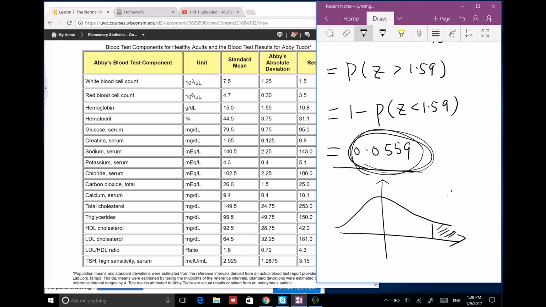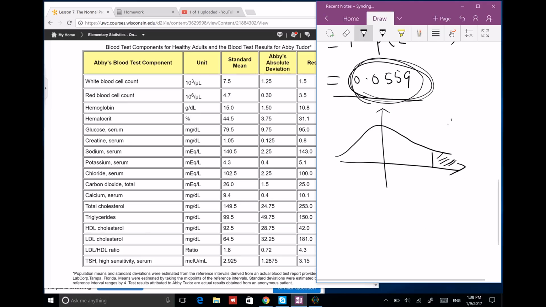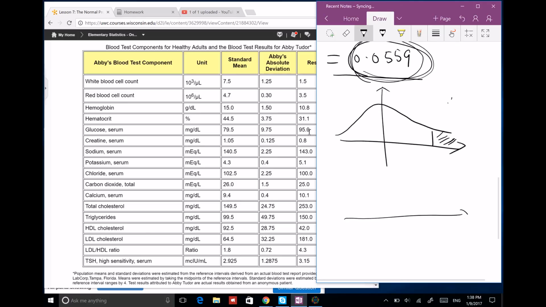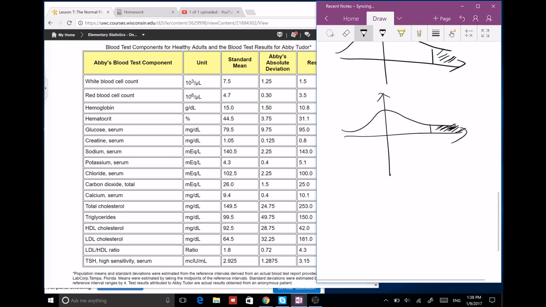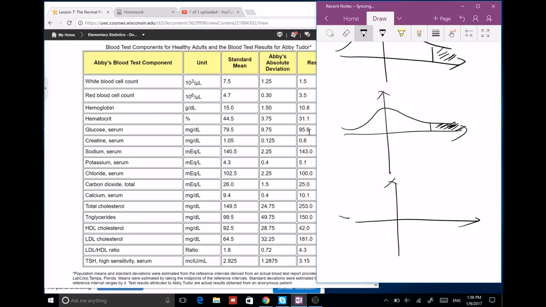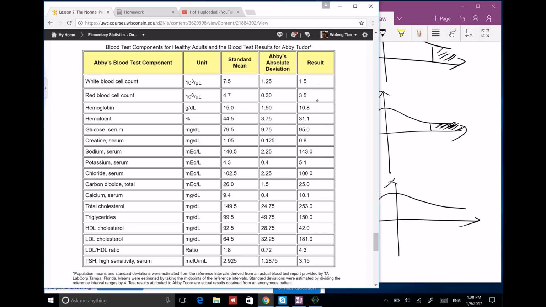When it's above the average, you look at the probability above. When it's below average, you look at the probability that is below her result. So this is how you do this. You find the probability for all of them.